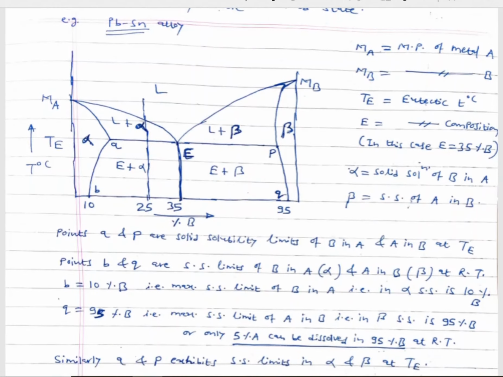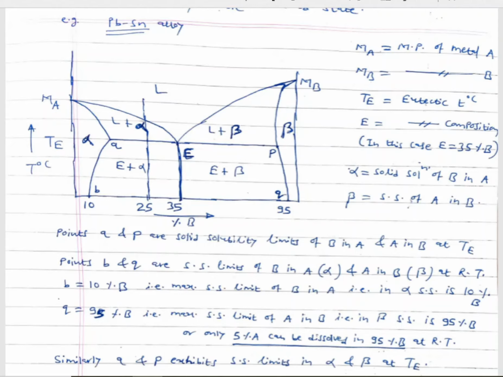So consider this alloy system, 25% B. Now we want to apply the lever rule to determine the amount of E and amount of alpha present in its microstructure. Before that, we'll see how the cooling or solidification will take place for this particular alloy, right from liquidus curve to room temperature.